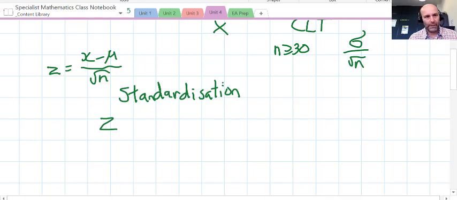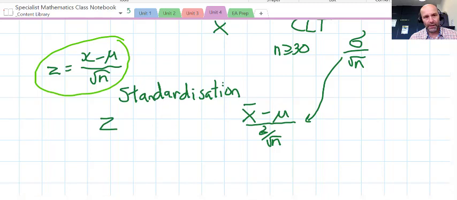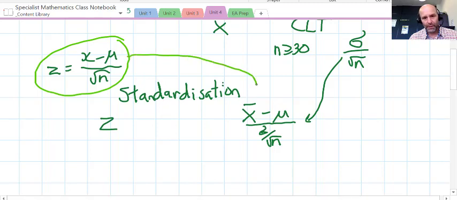Now, if we look at our z-score formula and apply it in this context, we would get capital X bar minus mu over sigma on root n. You can see there are clear links between the z-score formula from our previous work on standardization and the central limit theorem.